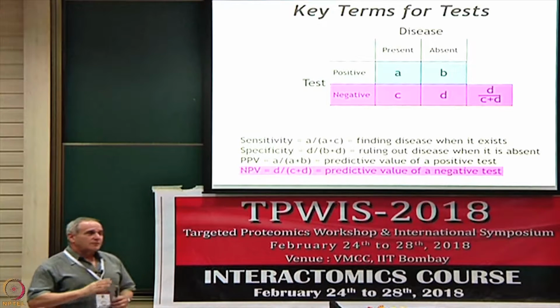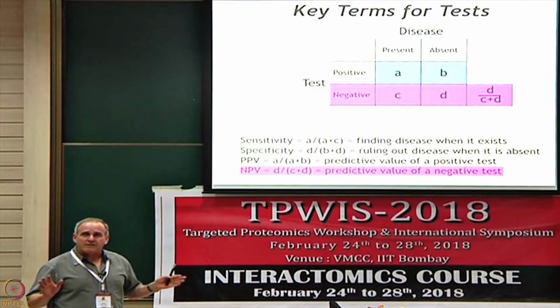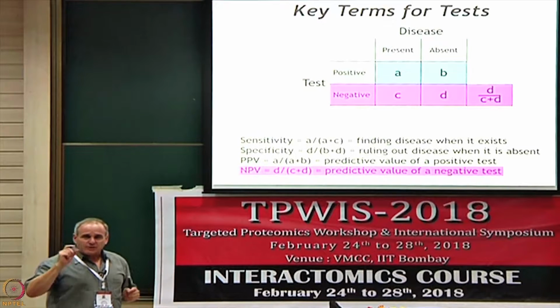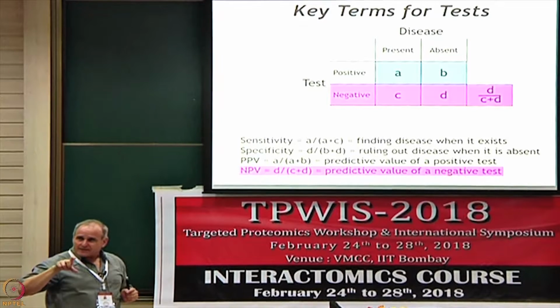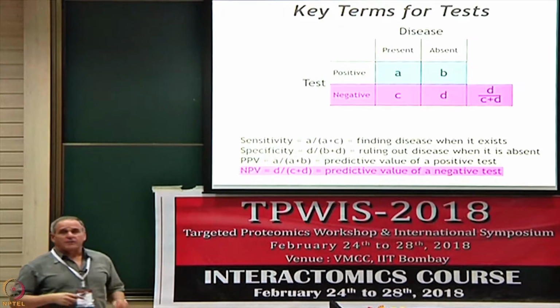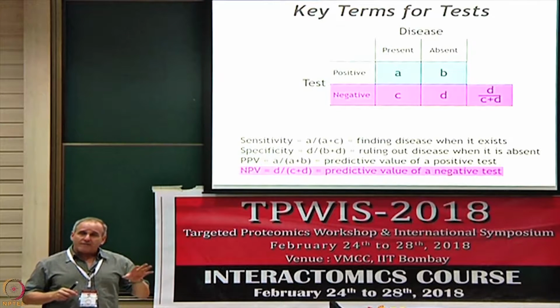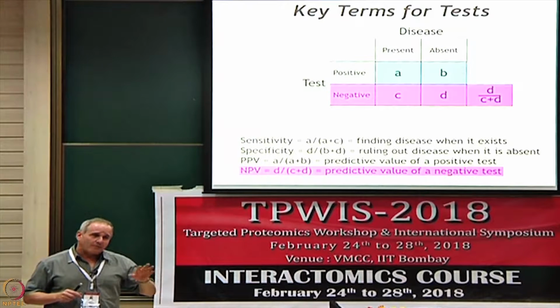Those terms do not depend on the population. It doesn't matter how often the disease occurs for them. They strictly measure the value of the test on whatever specific population they're being tested on. But positive predictive value and negative predictive value, they depend on how often the disease occurs. And I'm going to walk you through that in a minute, but it's really important to remember that.